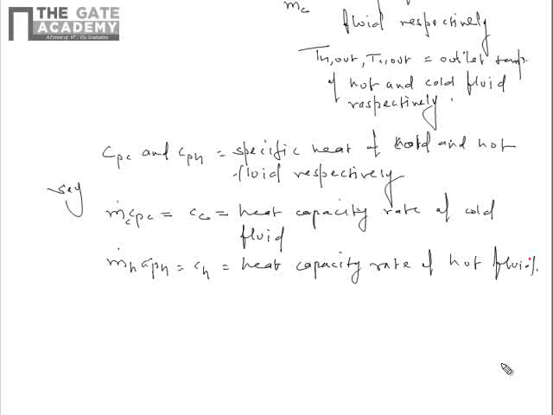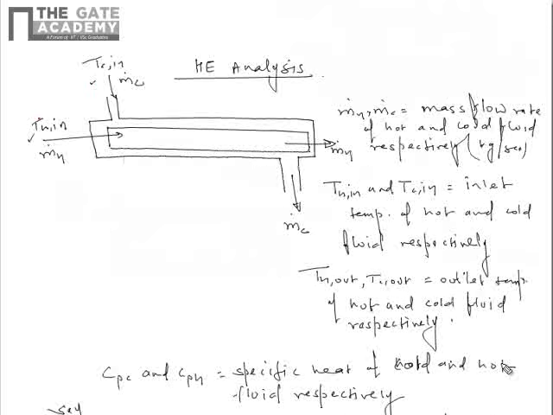So if we see here, this is Tc in, Th in, this will be Th out, and this temperature is Tc out.